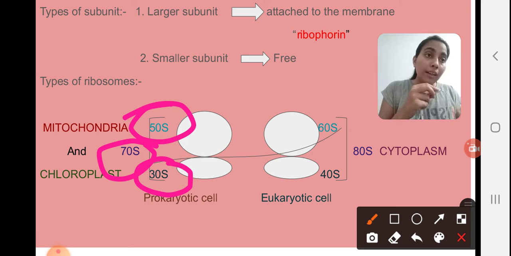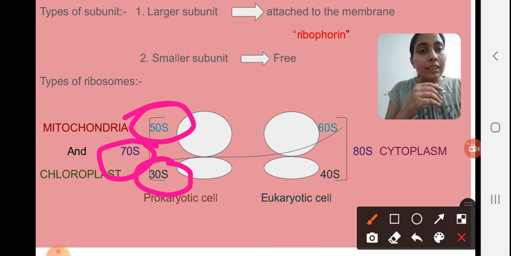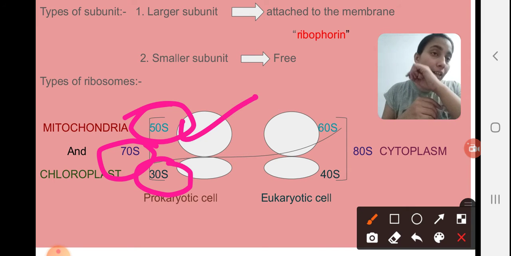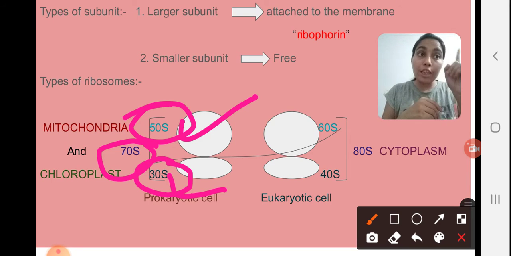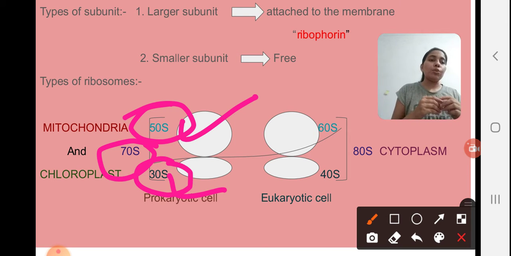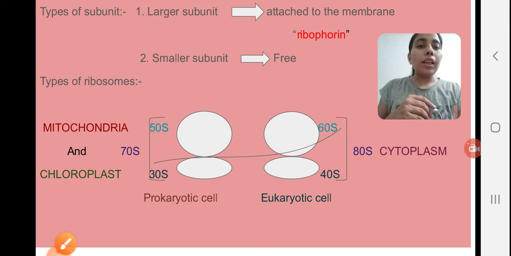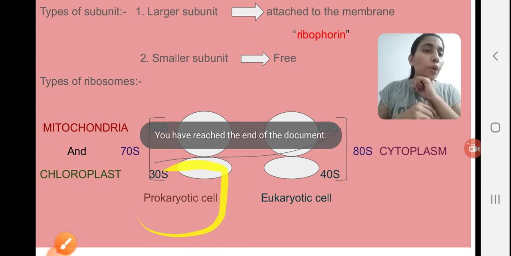And when they separate, the larger subunit's rate would be 50S and the smaller subunit's rate would be 30S in the case of the 70S ribosome. Clear? And this 70S ribosome is found in the prokaryotic cell.